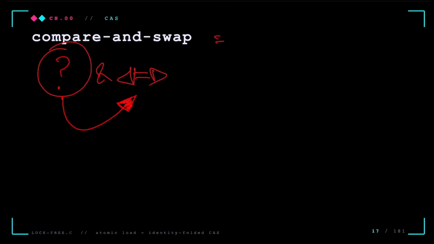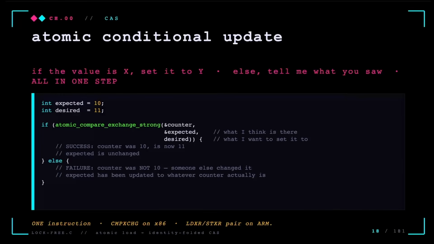And yes, this is atomic. Understanding compare and swap is key to understanding lock-free algorithms, because we're going to use this the whole time, essentially. So let's see the signature, or the behavior rather, of this function.